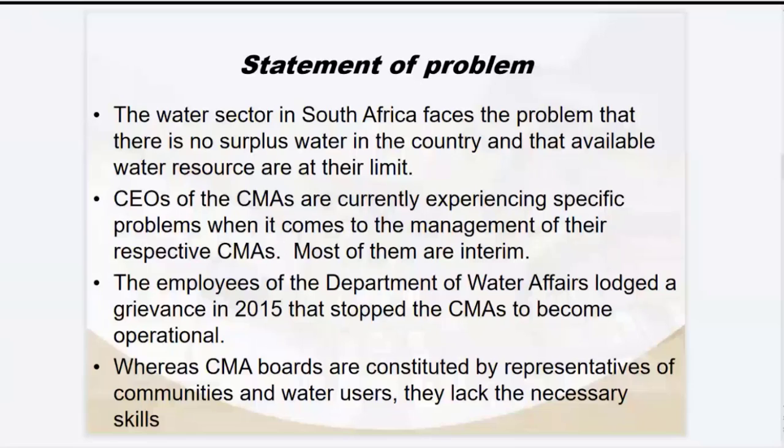And I think in the example that I have here, the chapters were based on the objectives and the research questions. So these things are interlinked. In the statement of a problem, you won't have all the objectives and you won't have all the questions, but it must indicate that there is something that is not in order that you want to investigate. So it is stated under the statement of a problem.